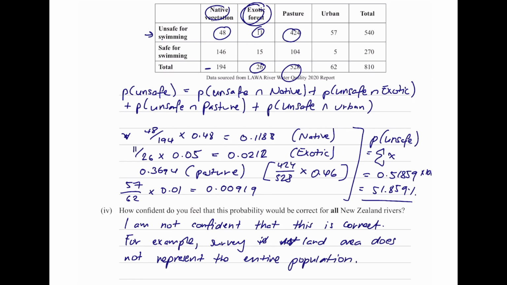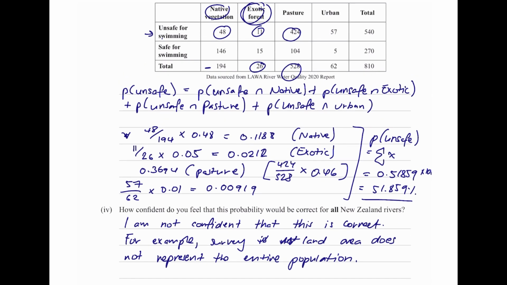So what do I mean by that? For example, let's look at exotic. So exotic is probably a good example. So the probability that we have an exotic river is equal to 26 divided by 810, which is 0.032. That's from our survey.